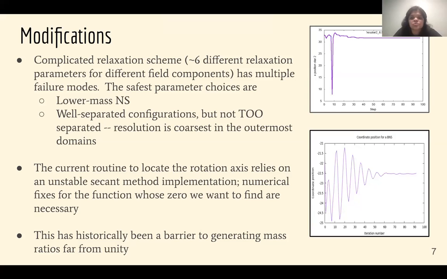One of the issues that we faced was getting mass ratios close to unity, that is, not unequal mass ratios.